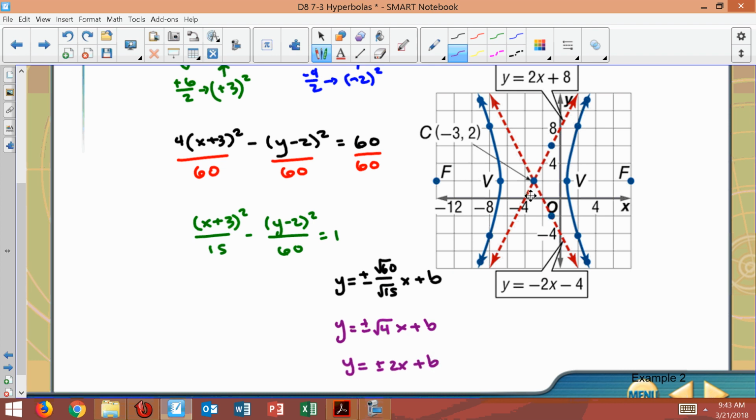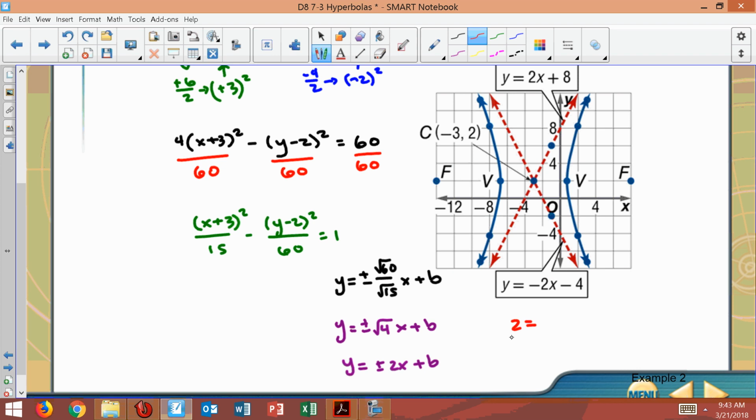How do you find your b? You would plug in this point that we started with, the center here, this -3 and +2. We could plug those in and solve really quickly. So to find it exactly, I know they're given there, you would just simply plug in that point. So to do it once, I would have for my y, +2.